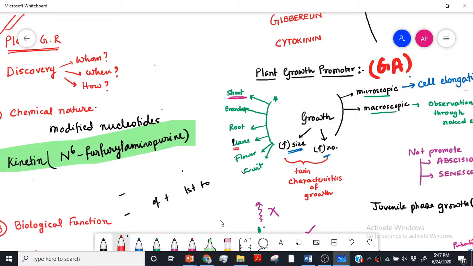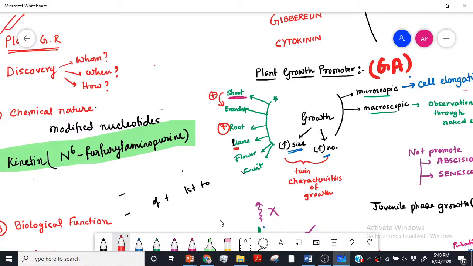Now if I say shoot, they promote branching. Basically what I wrote by shoot was shoot apex. They promote branching, not shoot elongation. Can you understand this part? They promote root elongation, not a problem.